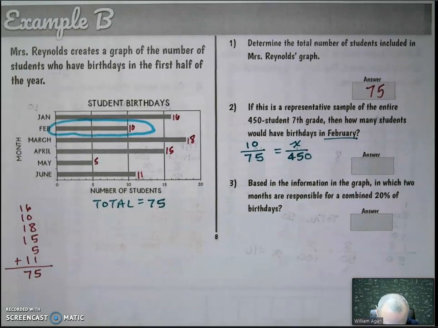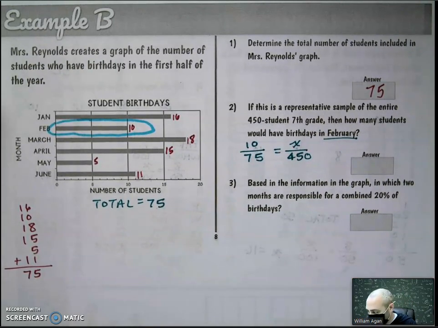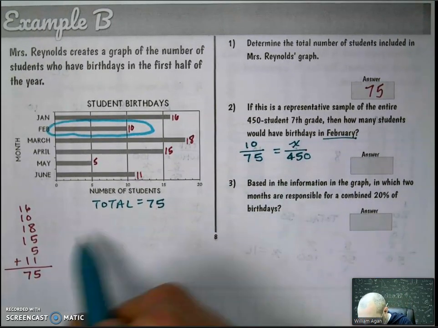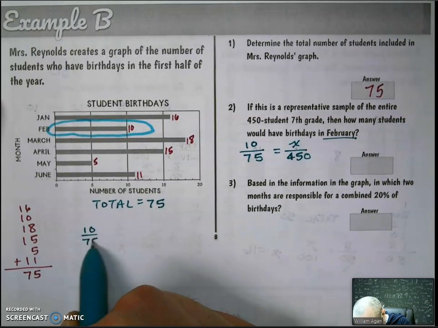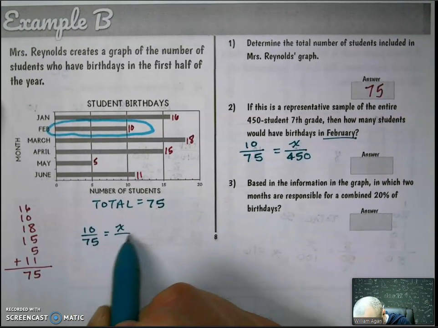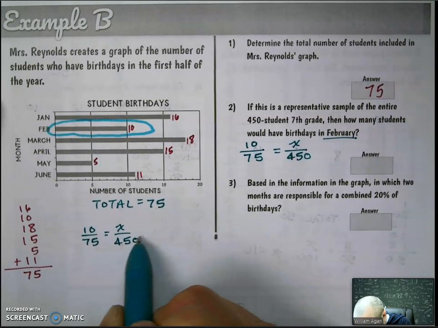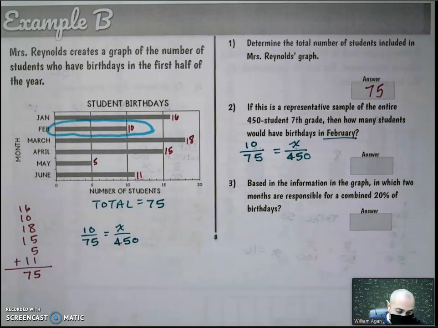So you make your proportion, and now we need to solve it. I don't have enough room right there, so I'm going to come over here and do it. I have 10 over 75 equals x over 450. Proportions, you can do a lot of different ways. You could go straight into cross-multiplying and dividing. You could simplify first and then cross-multiply and divide. You could look for relationships. There's a lot of different ways that you could do it.